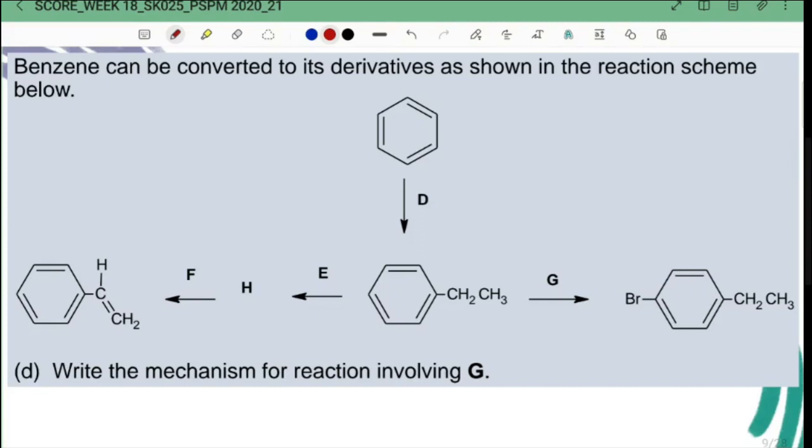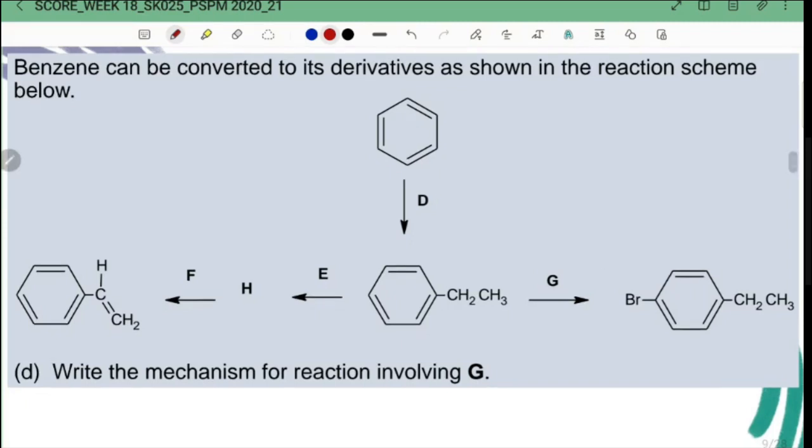If you all have noticed, the mechanism often comes out for benzene or for haloalkane. So you have to show the mechanism for the reaction involving G.